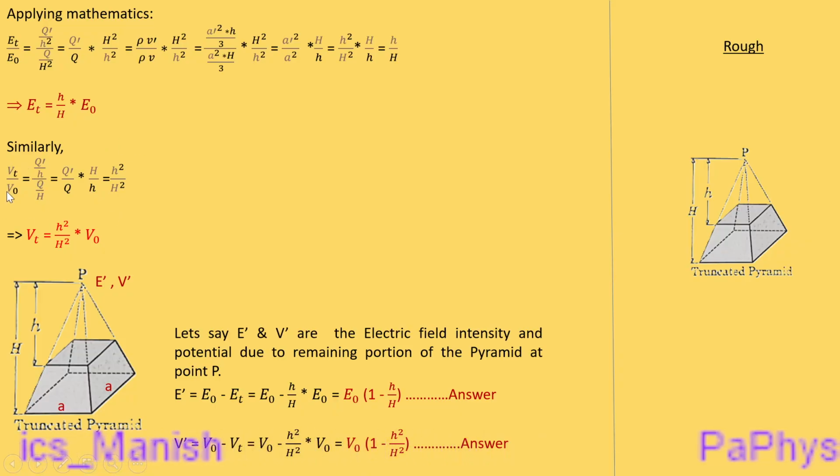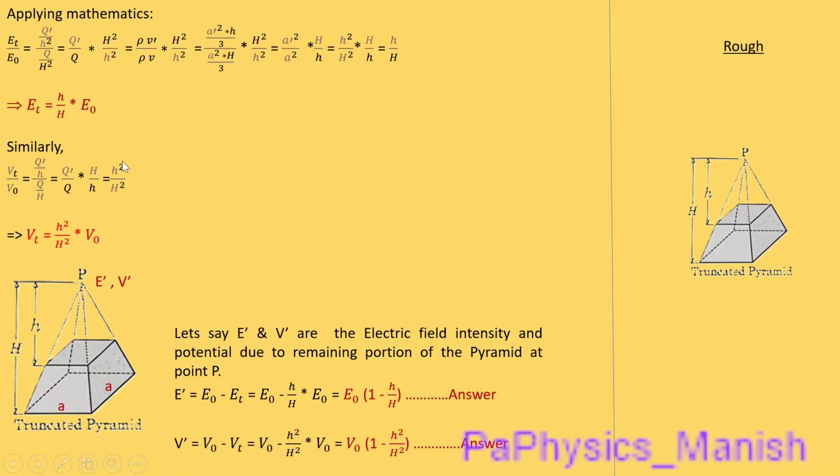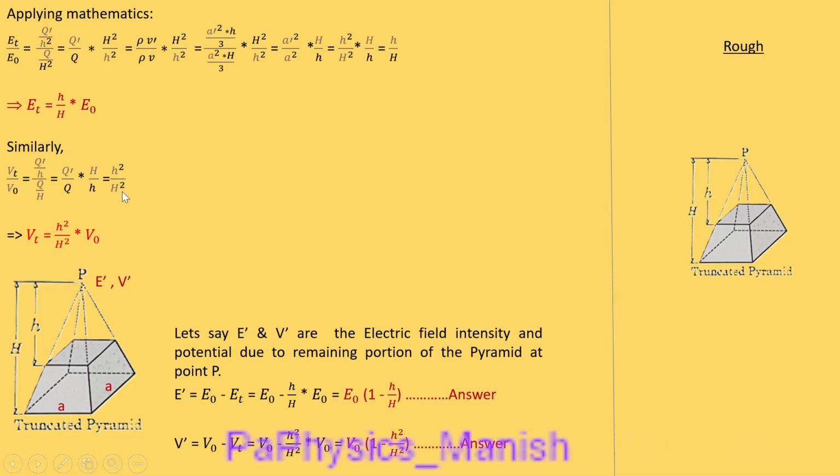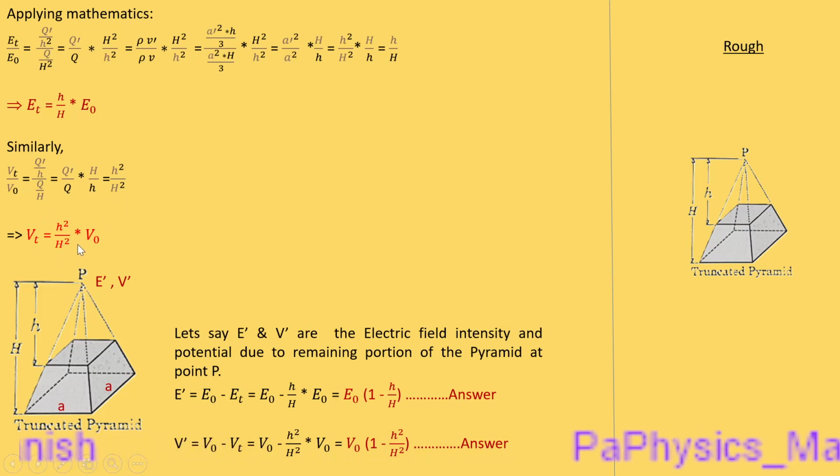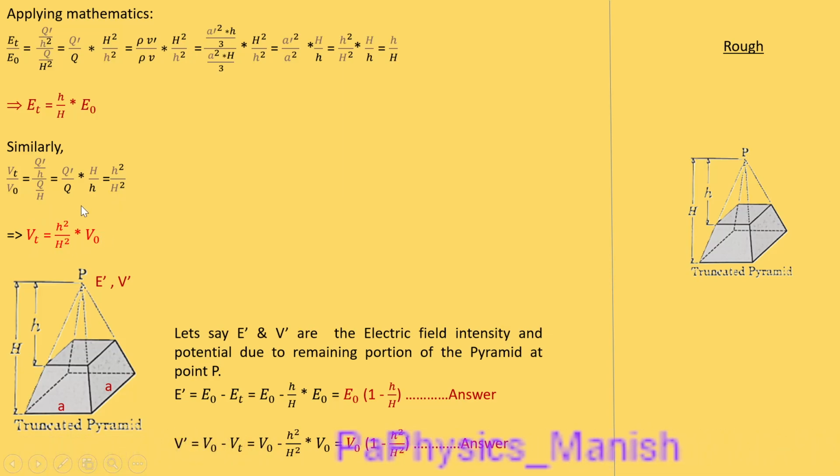Similarly, V t by V naught will be equal to small h square divided by capital H square. So V t will be h square by capital H square into V naught.